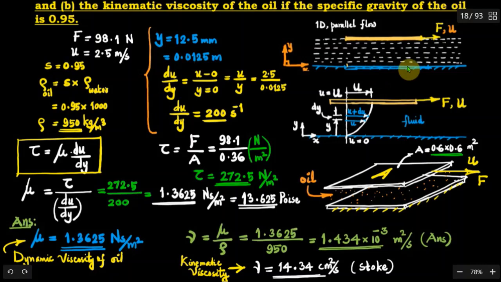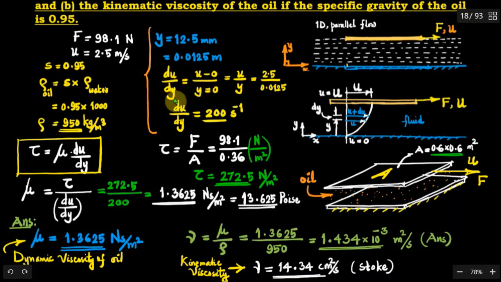We know that the lower plate is stationary and the upper plate is moving. So therefore du by dy, the change in velocity, is u minus 0, and the change in distance is from 0 to y, so y minus 0.